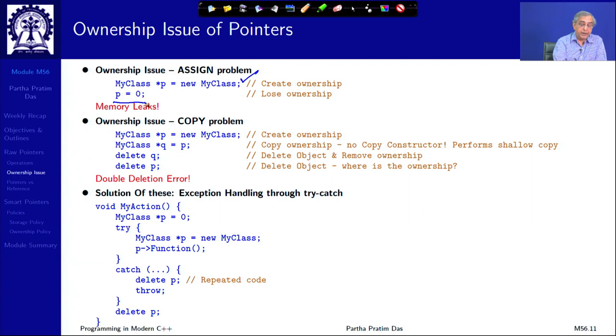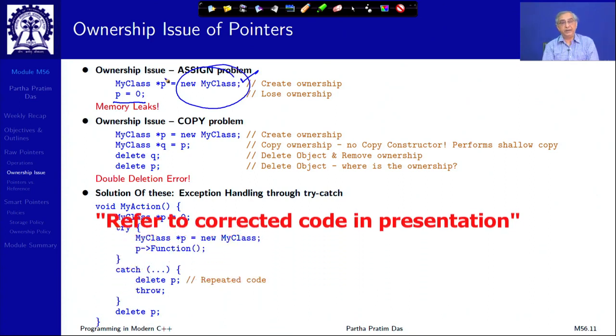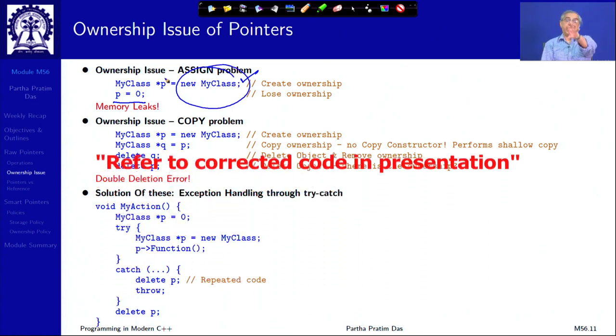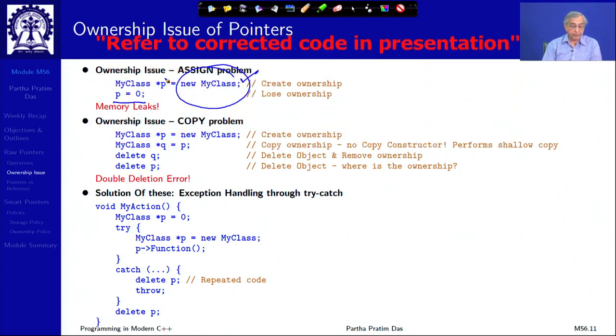But if I assign P to 0 or null, then the ownership information is lost, and we say that memory has leaked, because there is no way to get to this dynamically created object anymore. It will still be held in the memory, but I will not know. So, that is a basic ownership assignment problem.